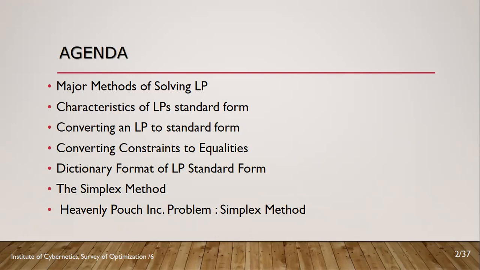And as the preparatory part for the simplex method, we will go over the algorithm of the simplex method and demonstrate how we can solve the problem introduced a long time ago, which we solve every class, Heavenly Pouch Incorporated, using the simplex method.